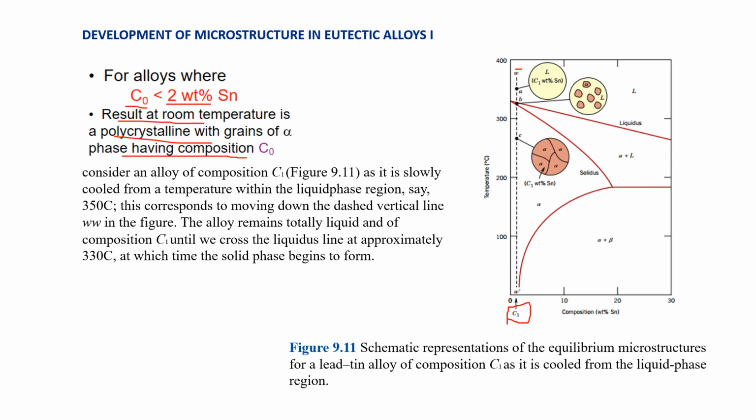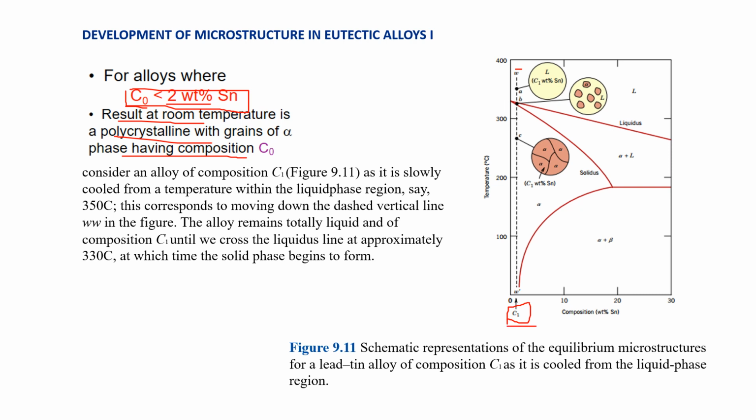This is the case for compositions ranging between a pure component and the maximum solid solubility for that component at room temperature, which is 20 degrees centigrade. For the lead-tin system, this includes lead-rich alloys containing between 0 and about 2% weight tin, and also between approximately 99% weight tin and pure tin.